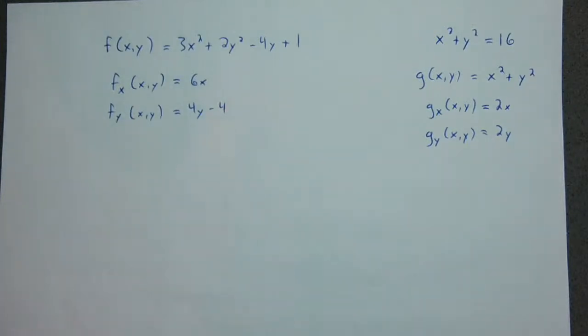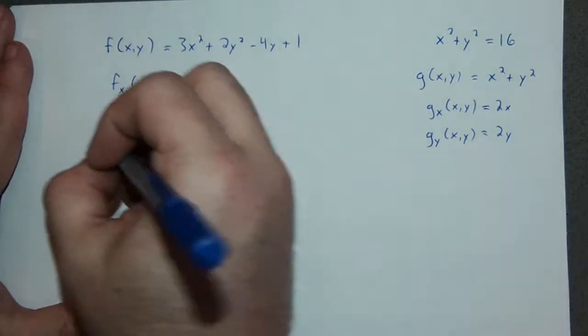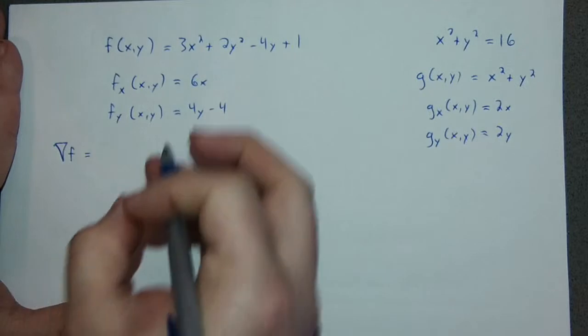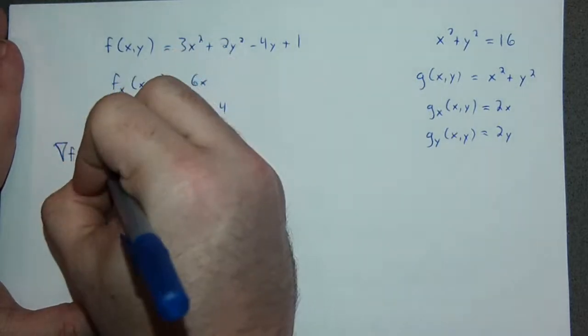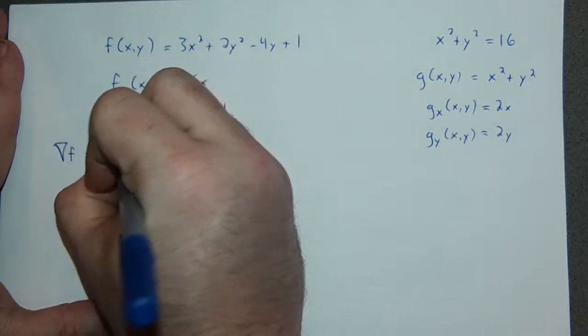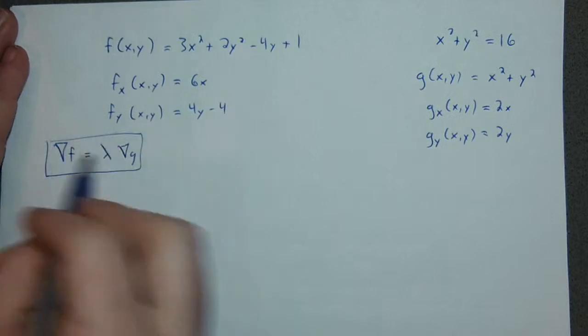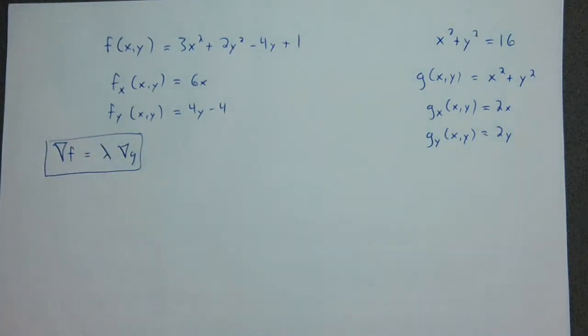Now the purpose for this, of course, is to set up this Lagrange multiplier equation, which says that the gradient of f is equal to some constant lambda times the gradient of g. That lambda is what we call the Lagrange multiplier. And this occurs wherever f is going to have a global extreme value.